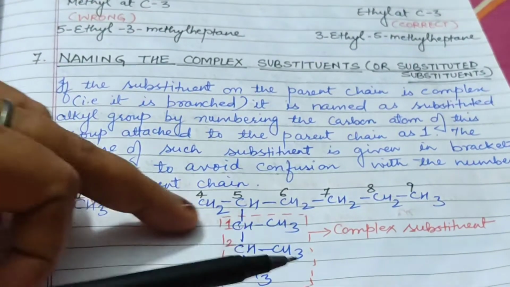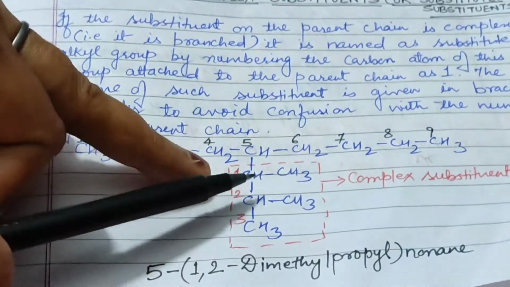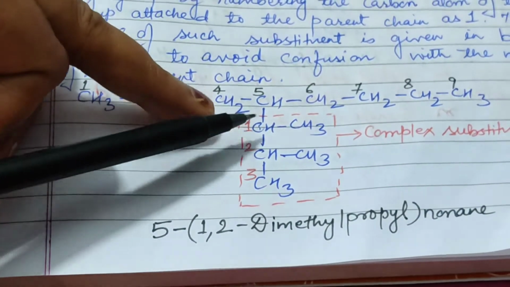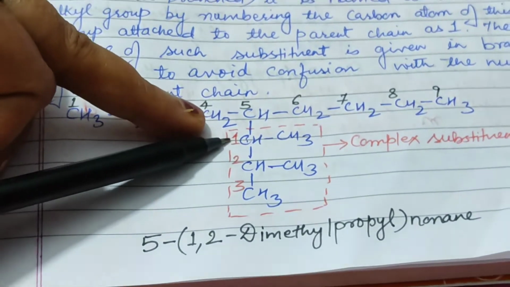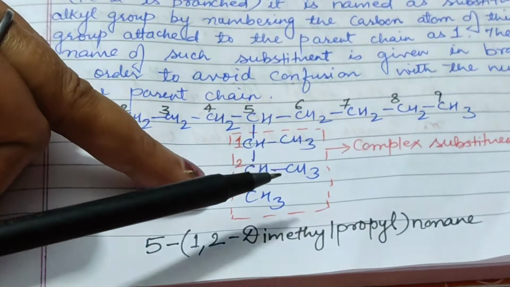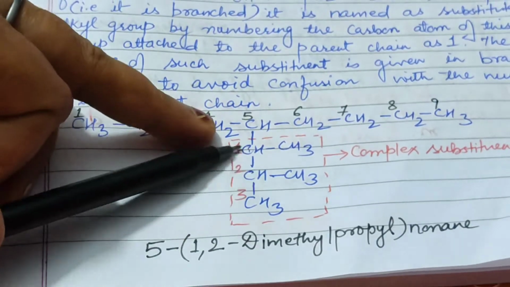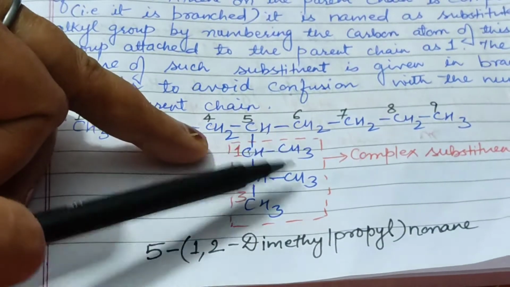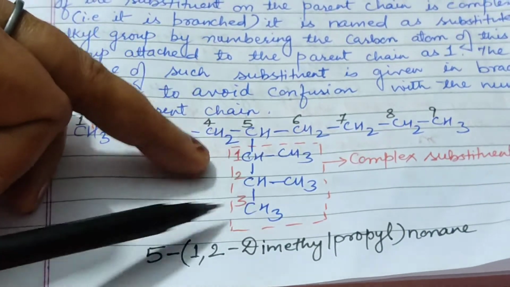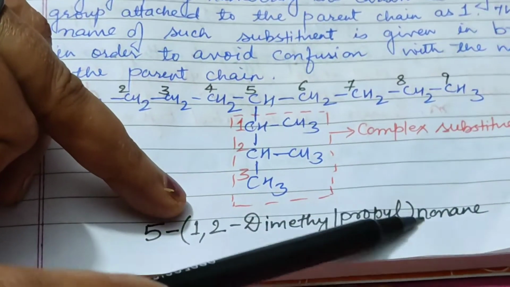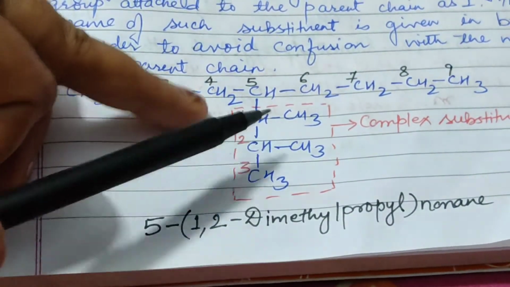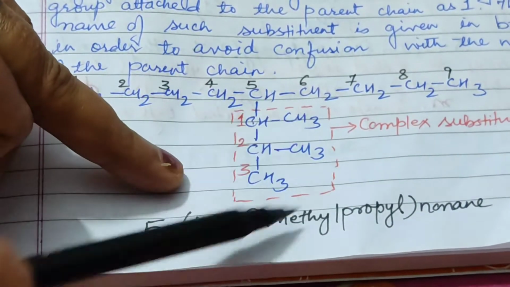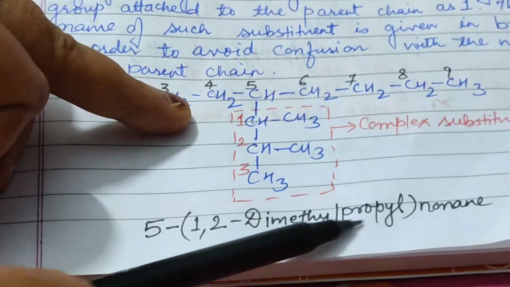Further numbering has been done in the complex substituent, and the carbon atom which is attached to the main chain is given 1st position. So it will be 1, 2 and 3 like that. One more thing: at 1st and 2nd position 2 methyl groups are also attached to it. So its name will be 5 hyphen, and it will always be denoted in brackets: 5-(1,2-dimethylpropyl). Why propyl?